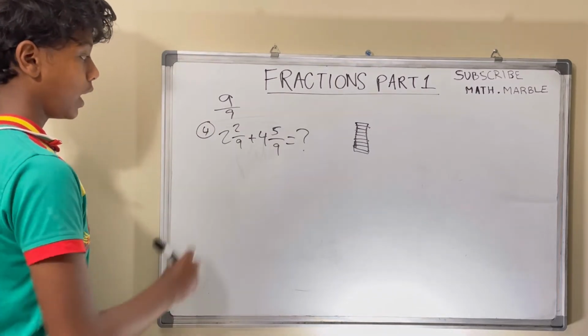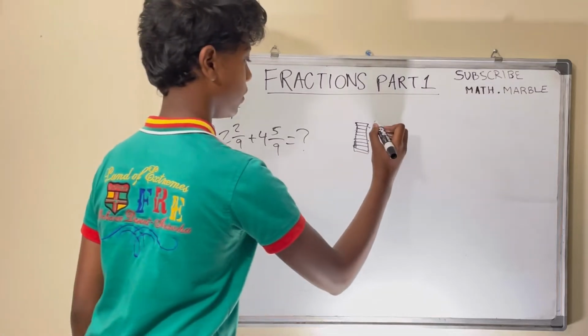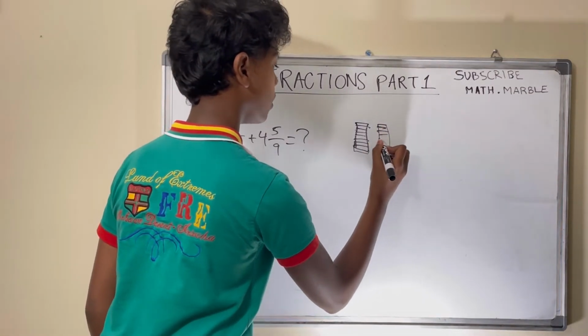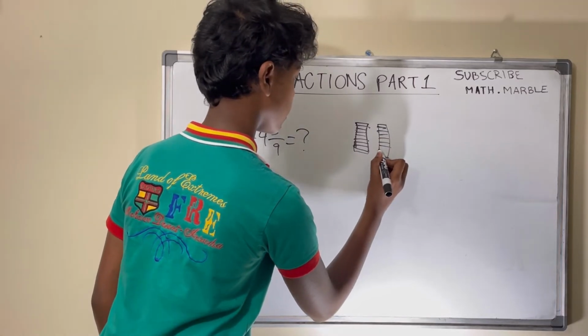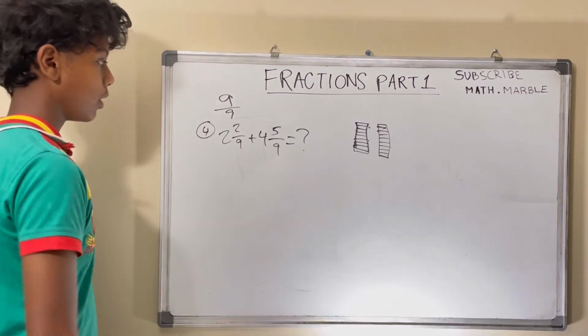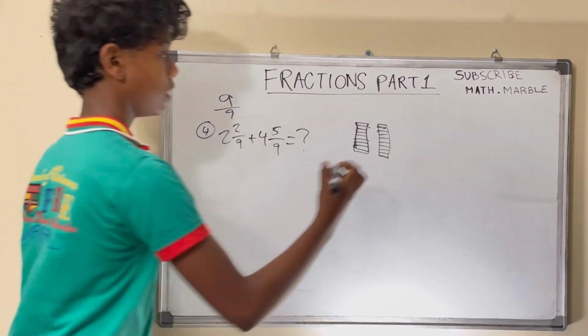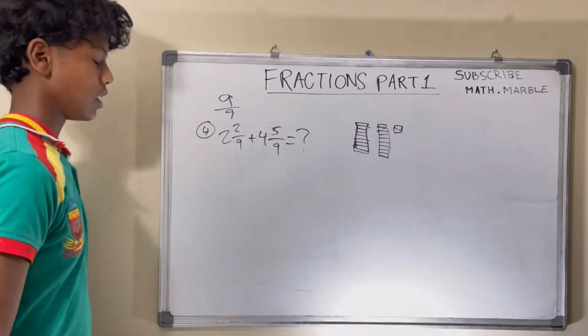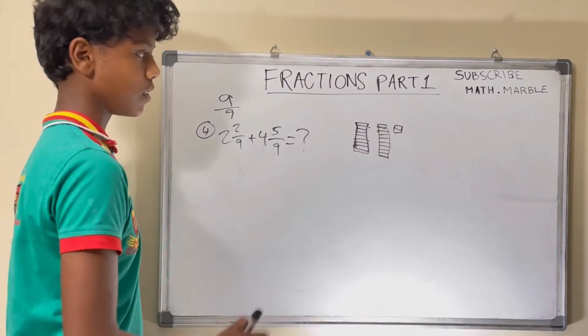So we have 2 of these. That means we have 2 chocolate bars with 9 pieces. 1, 2, 3, 4, 5, 6, 7, 8, and 9. That's 2 chocolate bars plus 2 ninths of a chocolate bar, 2 more pieces from the chocolate bar. So now we have 2 and 2 ninths of a chocolate bar.